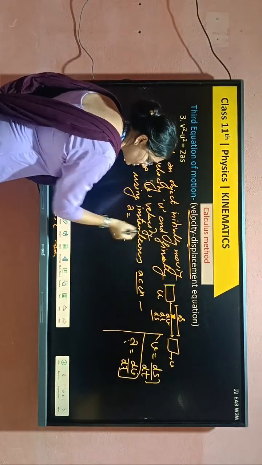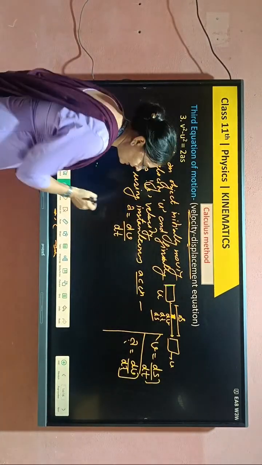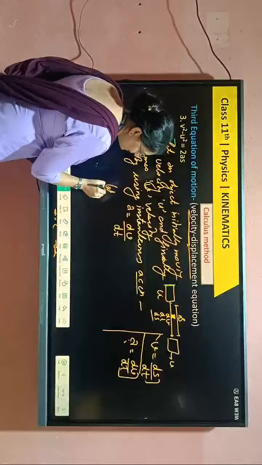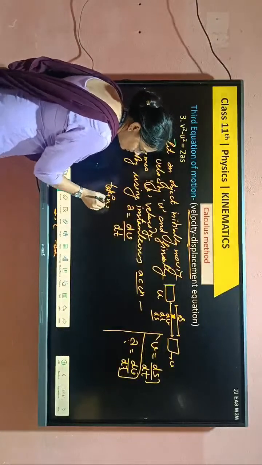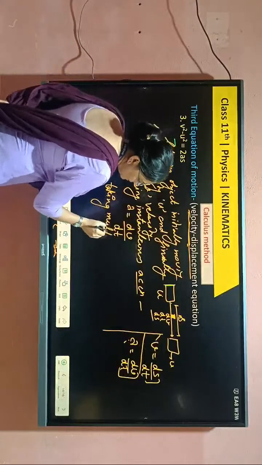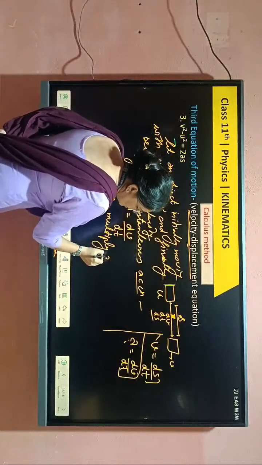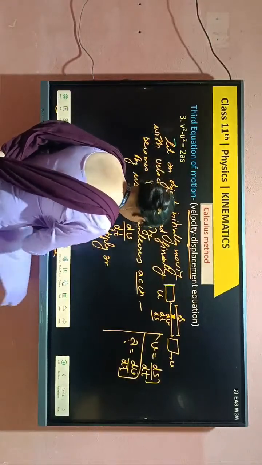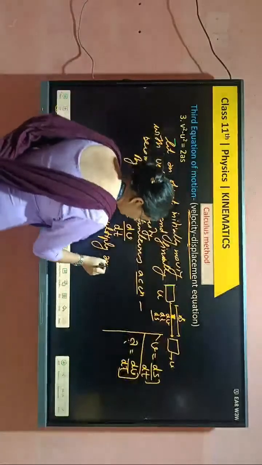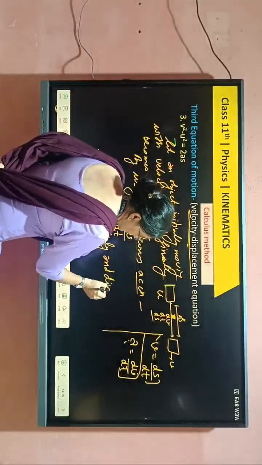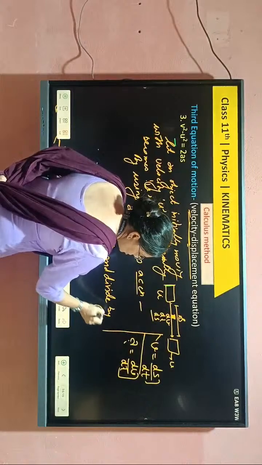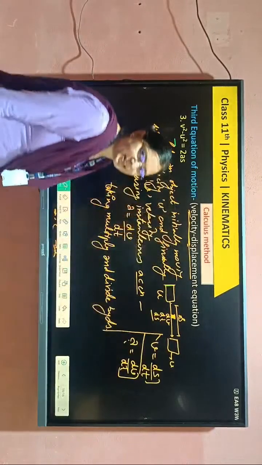But here we need velocity and displacement, so how can we write displacement? Multiply and divide by a small change in displacement.